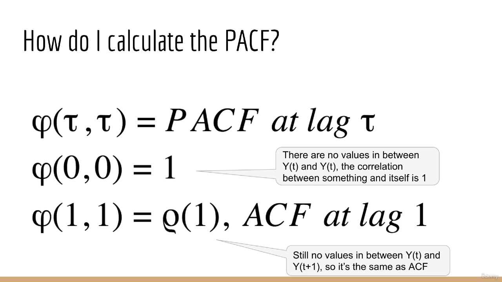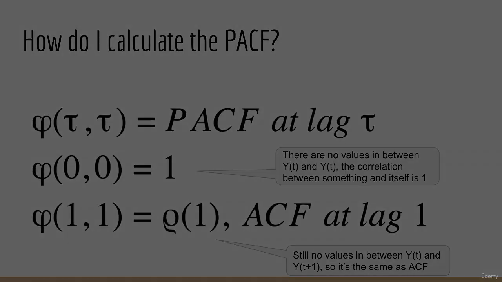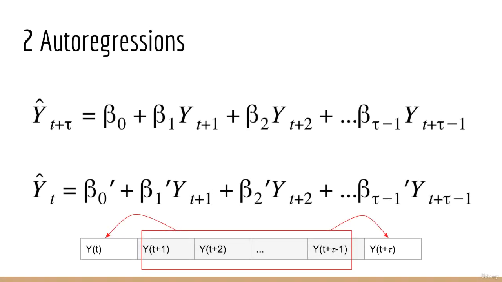What about for any other tau? In this case, we need to do a few autoregressions. Specifically, suppose that y hat at time t plus tau is regressed on all of the y's in between t plus tau and t. Note that this is just our usual autoregressive model.